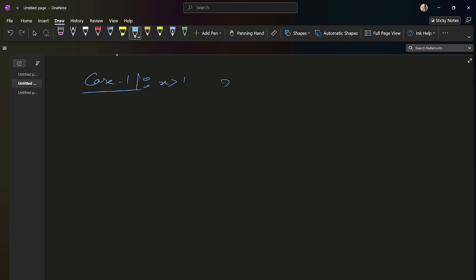Then x to the power n will tend to infinity, growing exponentially. Note that a n is equal to x to the power n by x to the power 2n plus 1, which is asymptotically 1 by x to the power n. We got this in the previous step.